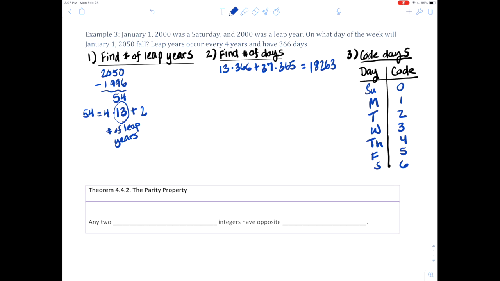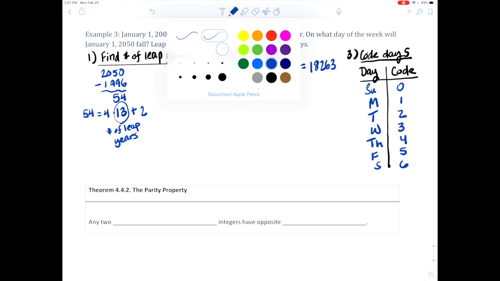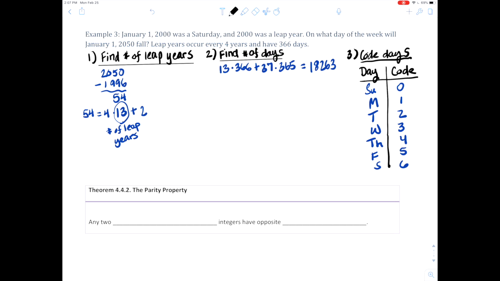All right, so we've got that going on. Now we just need to use our mad number theory skills, right? So we have a bit of an offset, don't we? Because we've coded Saturday as day 6. The total number of days that we need to divide is what we started with.